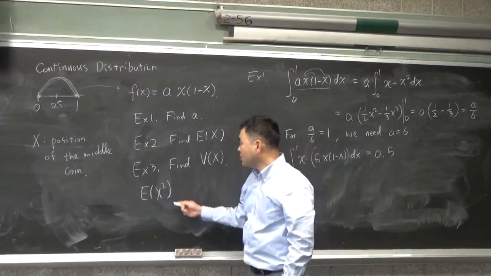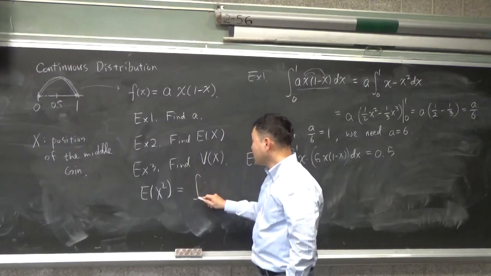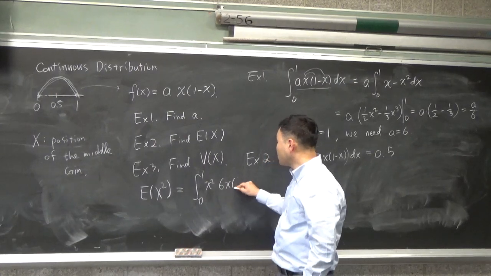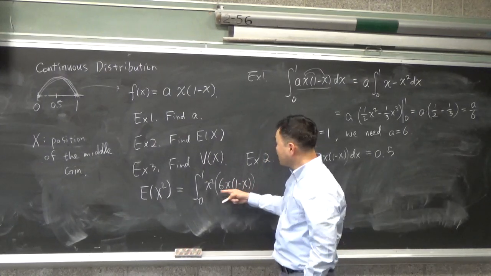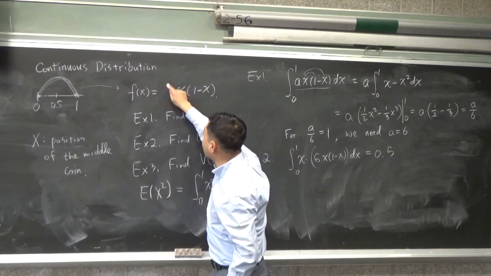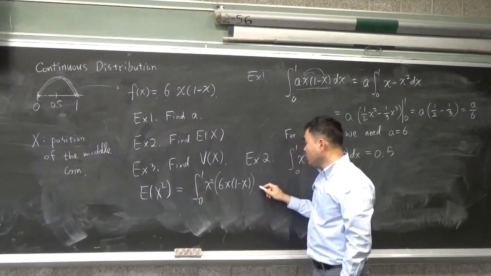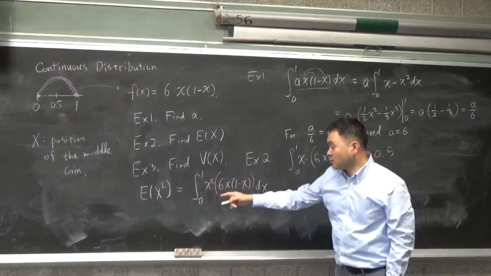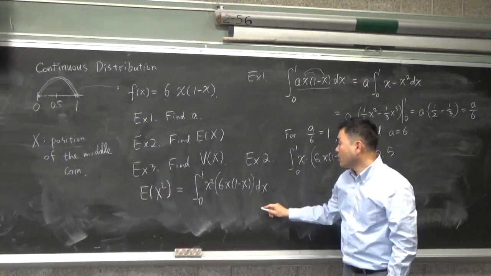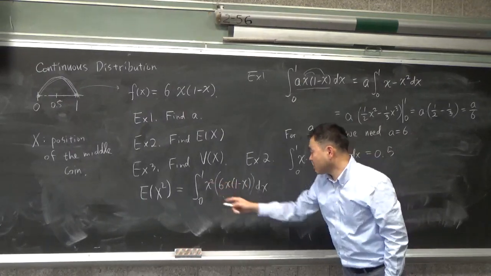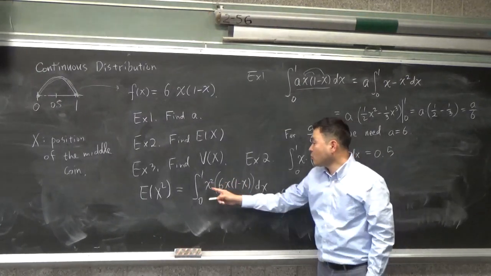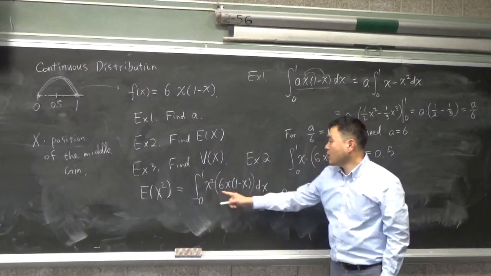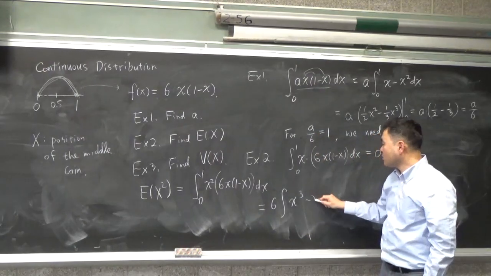So let's calculate E of x squared first, which is the integral from 0 to 1 of x squared times 6 times x times 1 minus x. This is our PDF, right? We found that a is 6, so we just put that in here. Let's pull the 6 out and multiply: x squared times x is x cubed, x cubed times x is x to the 4th.